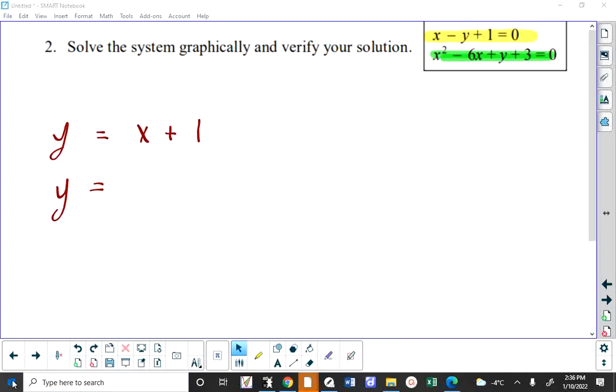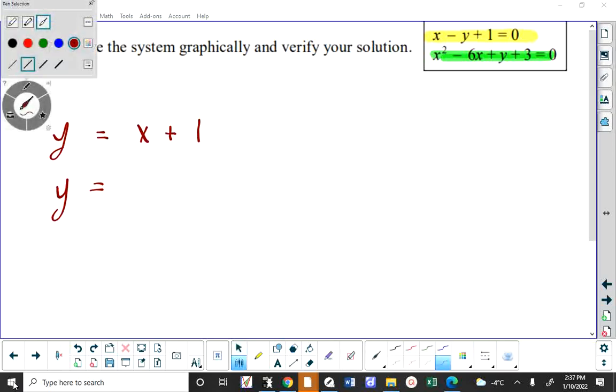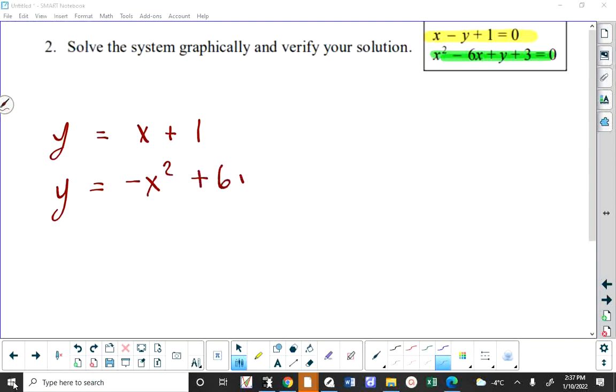What's going on? All right. Also a pretty easy equation to rearrange for y. The y is by itself, if we can get rid of the x squared, the negative 6x and the 3. So let's just subtract those to the other side where they all switch signs. Are we in agreement on these two rearrangements?